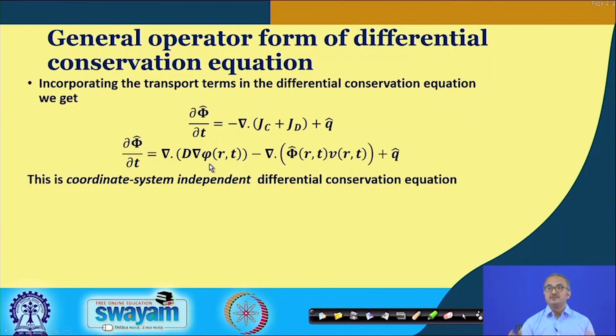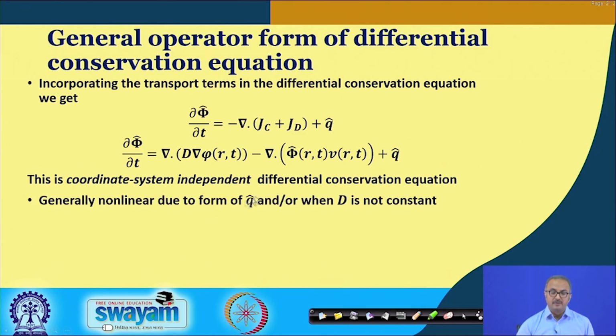Nabla square, in the rectangular coordinate, is del square by del x square plus del square by del y square plus del square by del z square. This kind of simplification can be done on a case by case basis. Sometimes if the diffusive contribution is less than the convective contribution, we can drop that term, and vice versa, if the convective term is less dominant than the diffusive term, we can neglect it. In some systems we can also drop the source term if there is no generation or consumption.